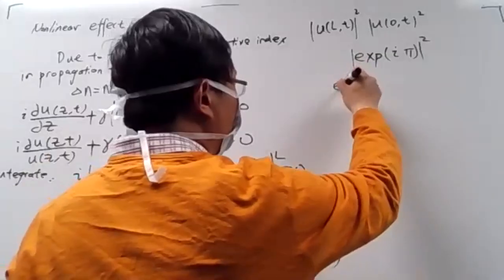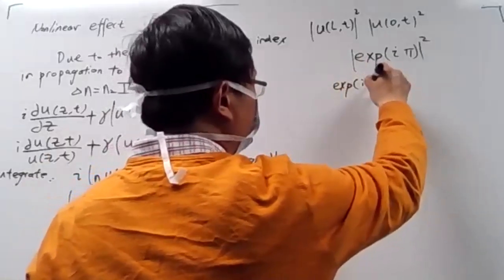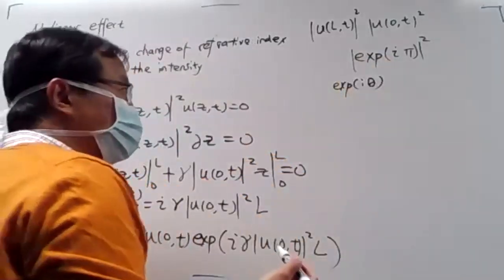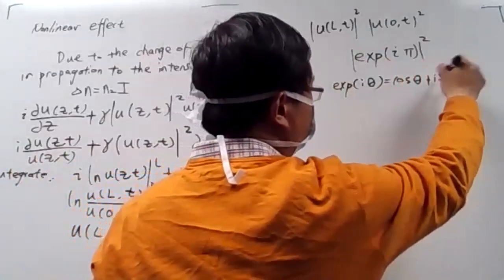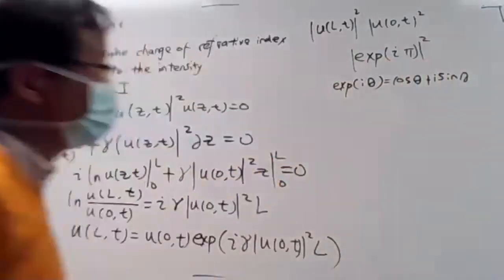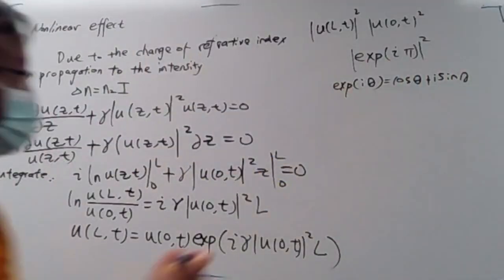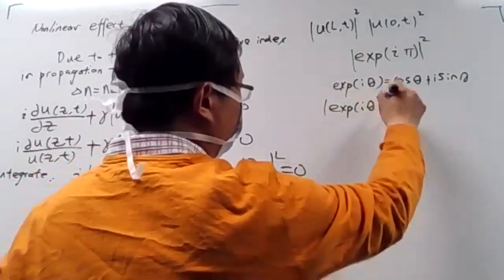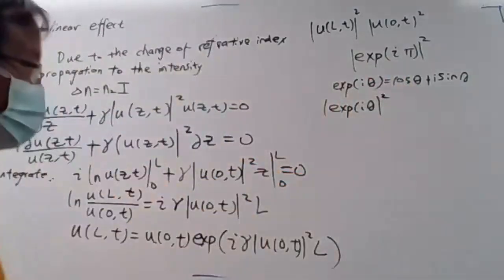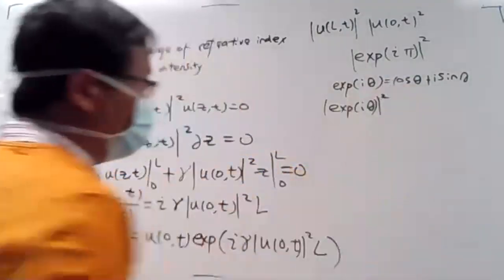Exponential i theta is cosine theta plus i sine theta, right? So can anyone tell me what's the absolute value squared of exponential i theta?